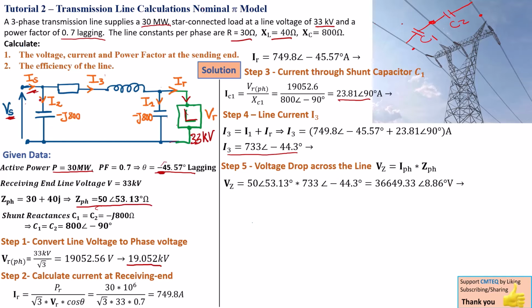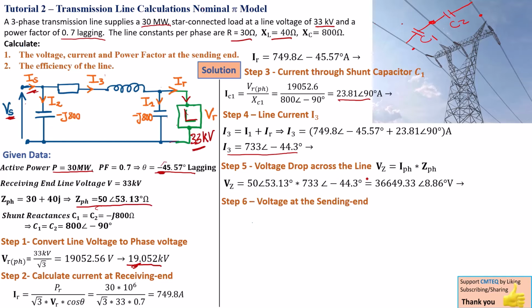Before we can find the sending end current, we first need to find the sending end voltage, and we're going to do that by adding this voltage plus the voltage at the receiving end. But we're not going to use the 33 kilovolt; we're going to use the phase voltage because we're working with per phase parameters.